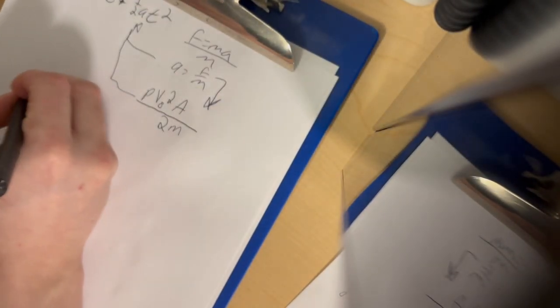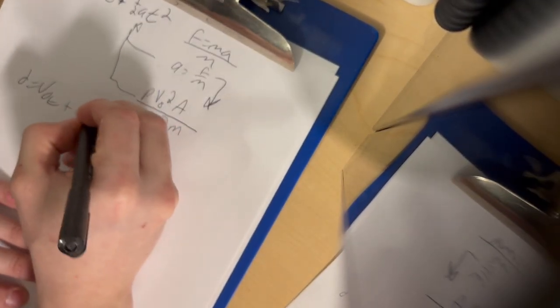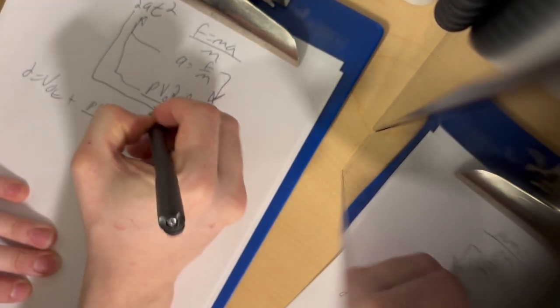So then you have d equals v0 t plus rho v naught squared A over 4m, because you're taking the half and putting that onto this 2.